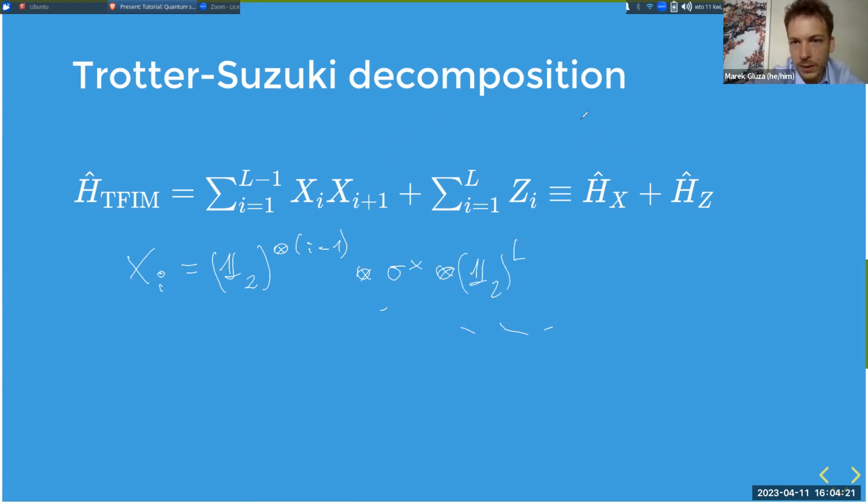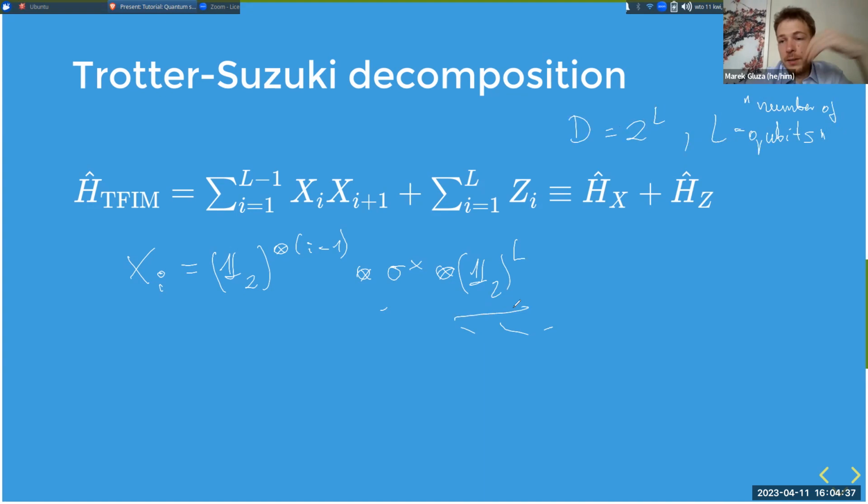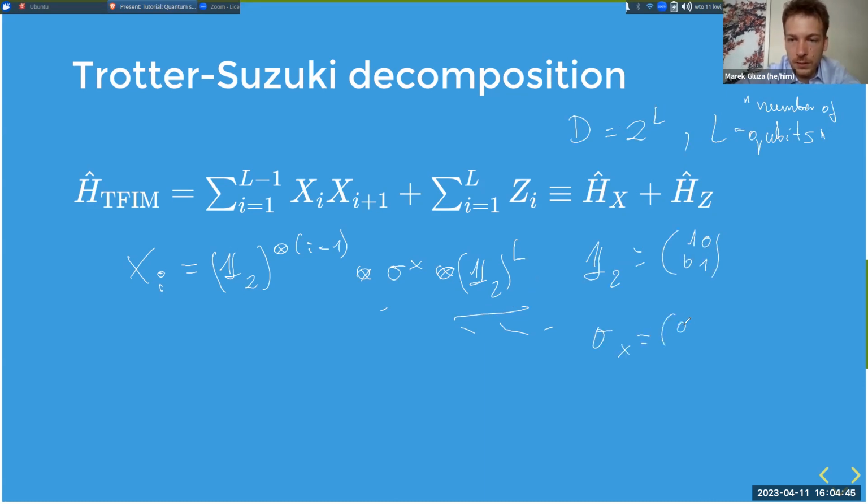If D is 2 to the L, then I have L qubits, so L is the number of qubits. The 2x2 identity is 1 0 0 1, sigma x is 0 1 1 0, and sigma z is 1 0 0 minus 1. So we have those three 2x2 matrices.